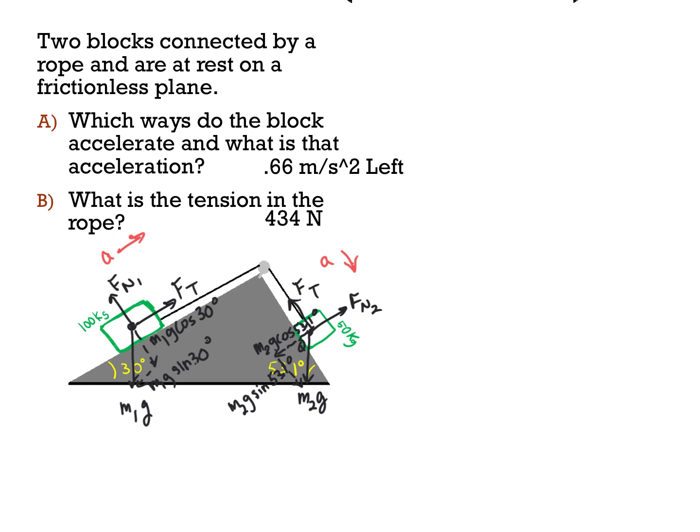Okay, now this is going to become important because if we're finding the acceleration, we can treat all of this as if it's on a flat system. So we've got force of tension this way, the other force of tension going that way. We've got m2g sine 53.1 degrees, and backwards this way we have m1g sine 30.